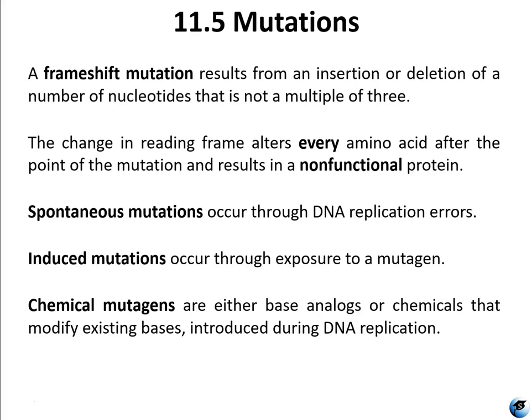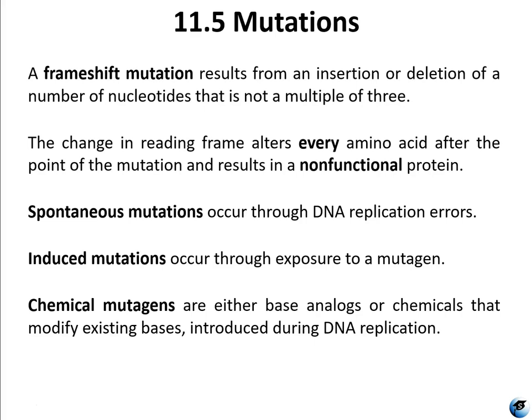So when the reading frame shifts, it alters every amino acid that is being produced after that shift. So it is a very big change in the amino acid production, which means that the protein that comes from that is going to be totally altered in its structure, and it's not going to function anymore.